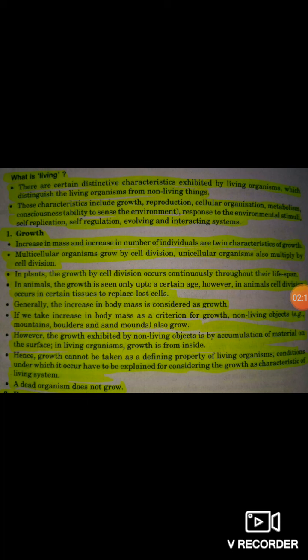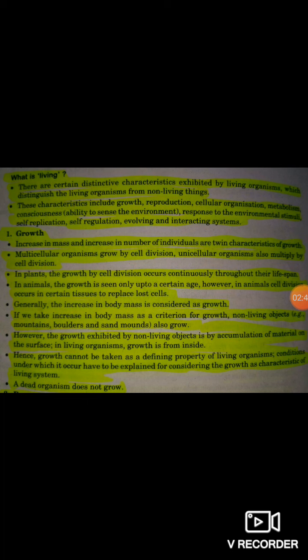That means first of all we discuss growth. Increase in mass and increase in number of individuals are twin characteristics of growth. Multicellular organisms grow by cell division. Unicellular organisms also multiply by cell division.